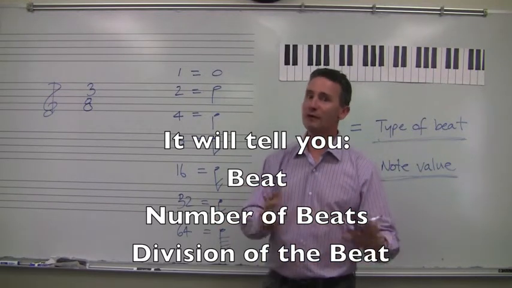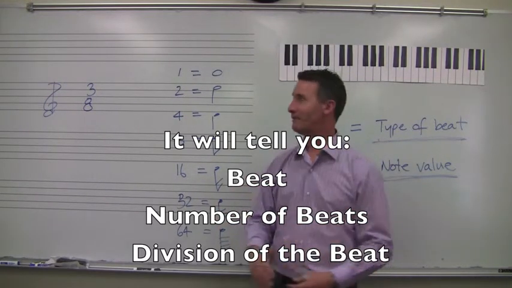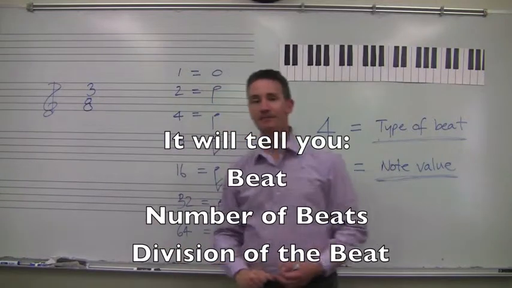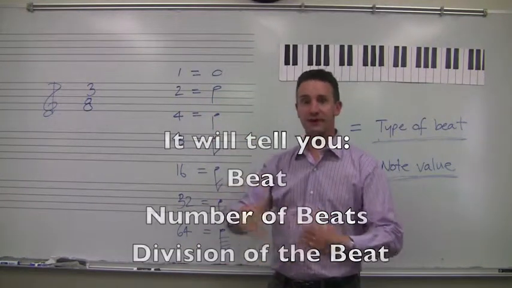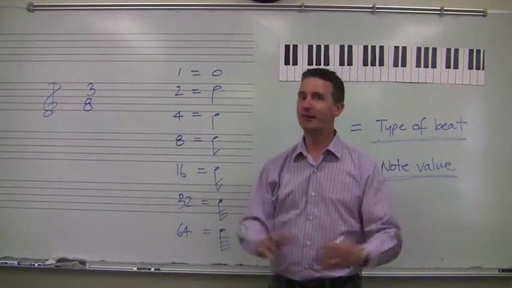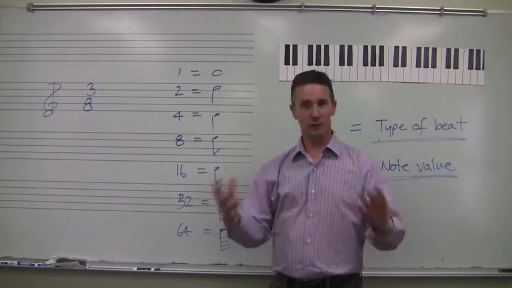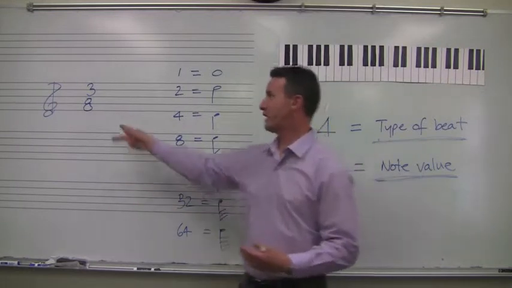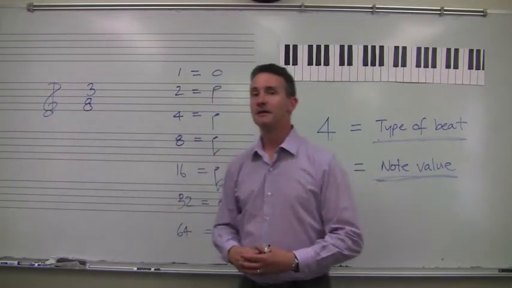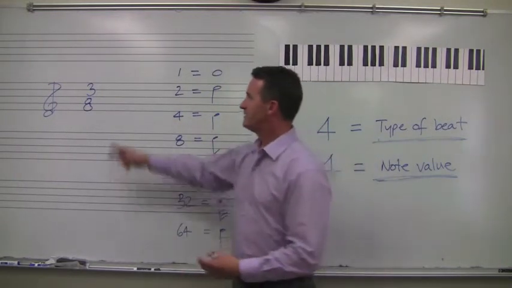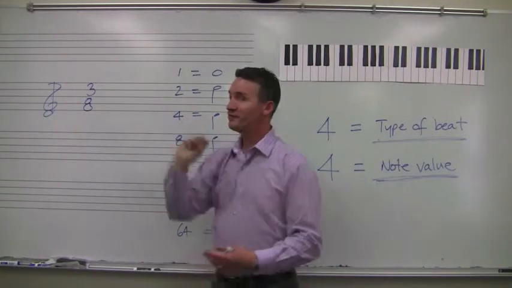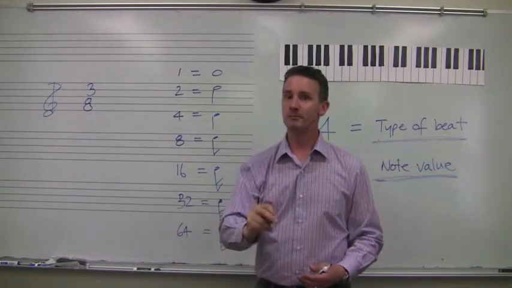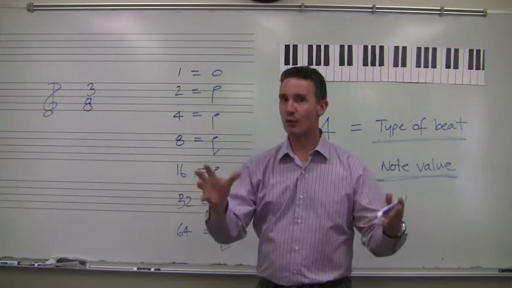For you to be able to write your music and organize your time in 3/8, here's the checklist of things that must happen in every measure. And if you don't want those things, if you want it to happen differently, then you've got to change the time signature. You've got to change this to something different. So what we're going to learn in the next video is how do these numbers specifically tell you what is going on in any one measure.